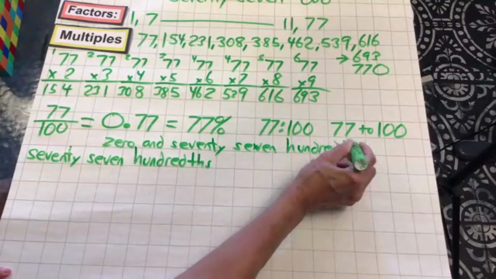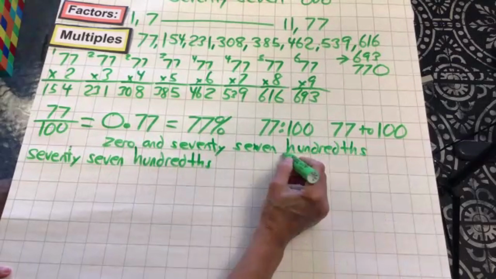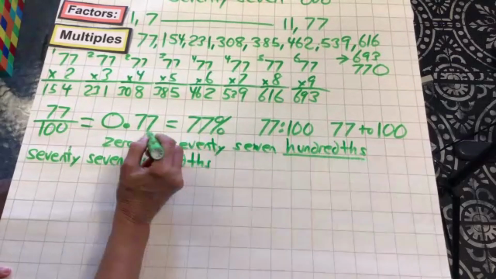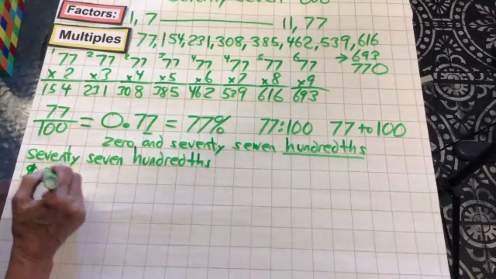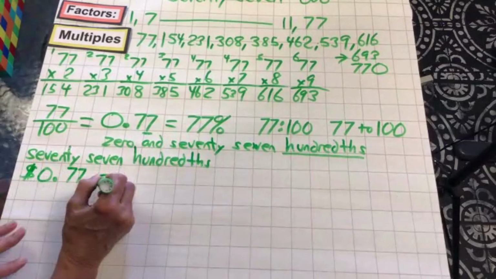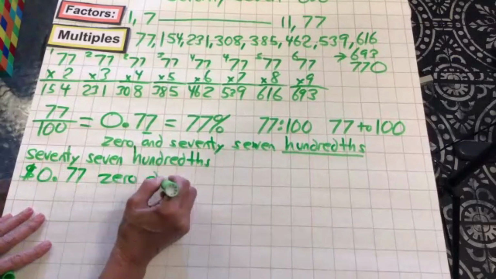And of course, the last word of any decimal is the place value it's ending in. All right, then we have our money, which would be $0.77. So we would write it $0.77.